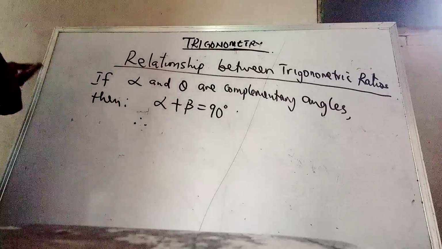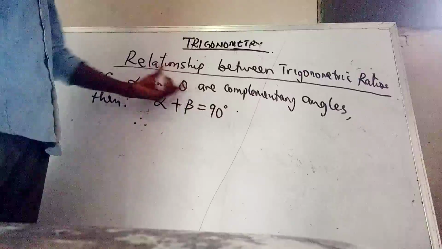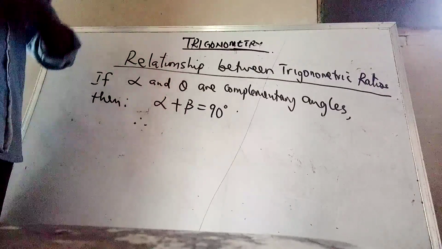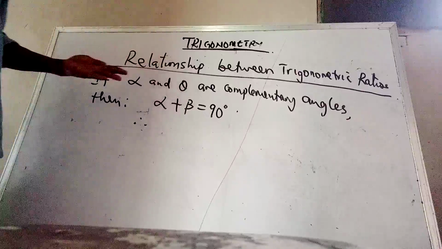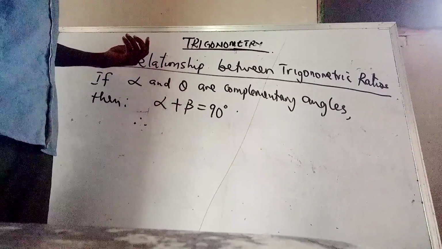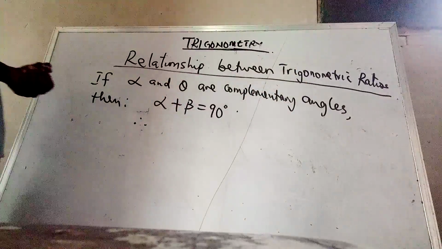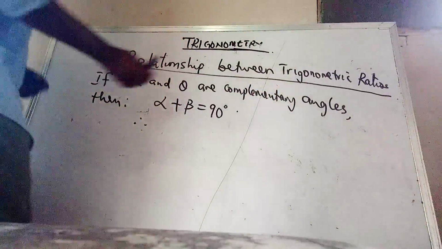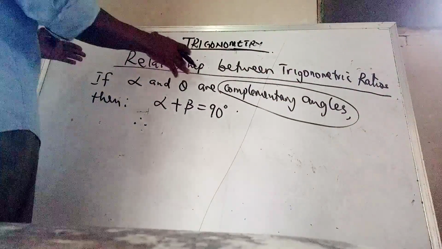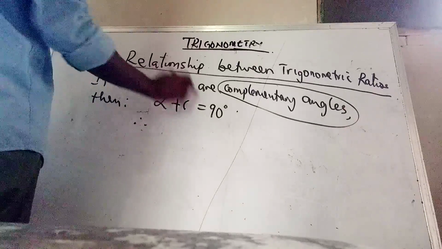For example, let's use alpha and theta. These are mathematical symbols. Alpha and theta can be any number. But using symbols, if alpha and theta are complementary angles, the addition of the two must be 180.